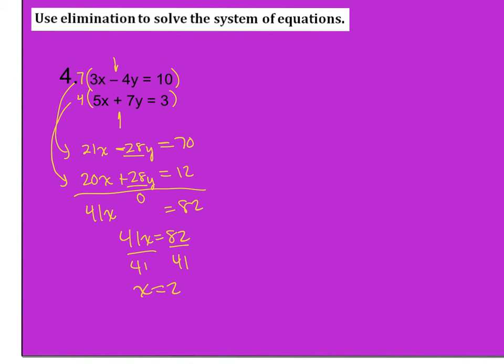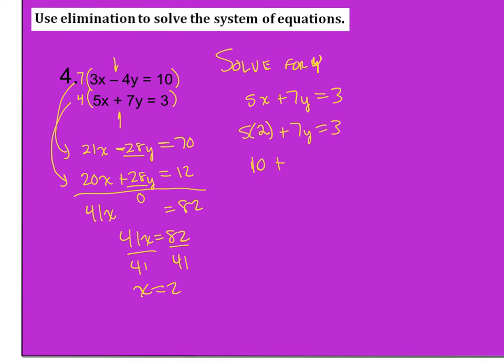So now I'm not done. I still need to solve for y. So 5x, and I just used the second one. I could have just as easily used the first one. So 5 times, instead of x, I want to put 2, plus 7y equals 3.